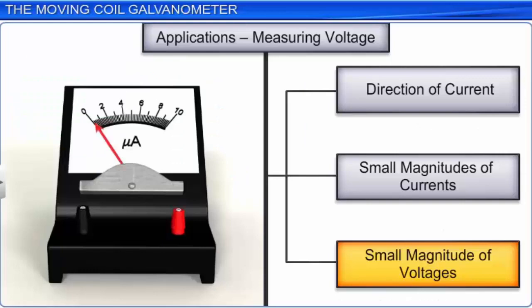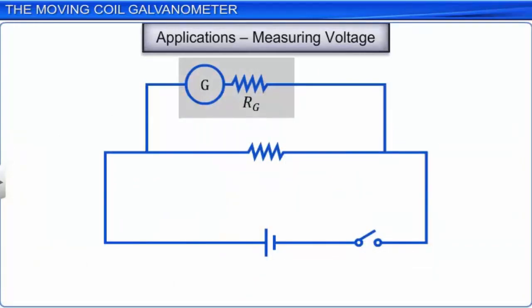The galvanometer can also be used to measure the voltage across any given part of the circuit by connecting the galvanometer in parallel with the given part of the circuit. When the galvanometer is connected in parallel, the total current in the circuit divides across the part of the circuit and across the galvanometer.